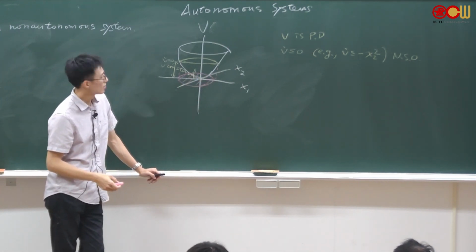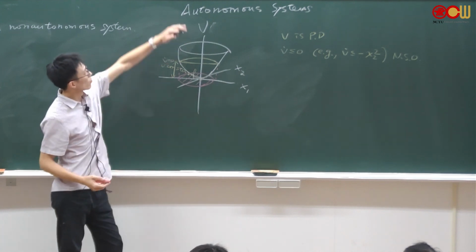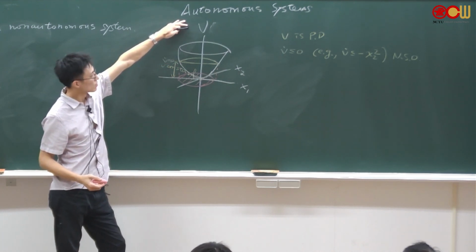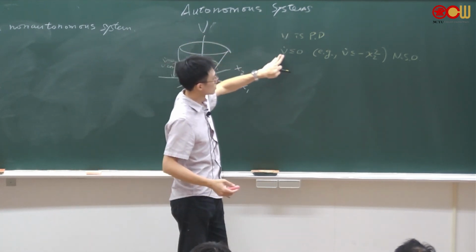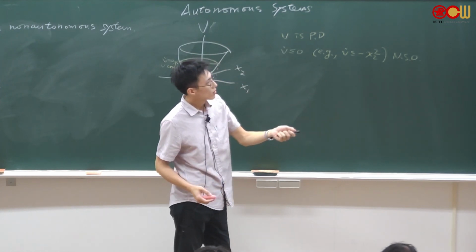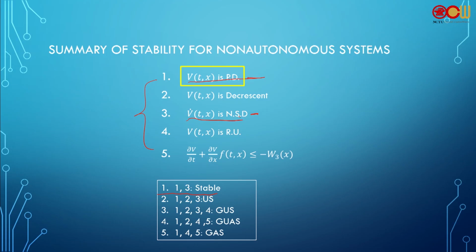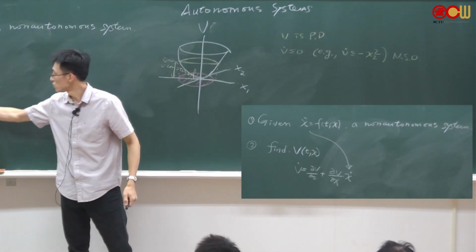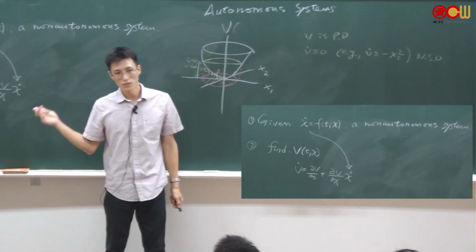But this is for the autonomous case, which has these two conditions. Now, for the non-autonomous case, you have a time element in your Lyapunov function. V dot will be a bit different, because when you take the partial you have the time element here.